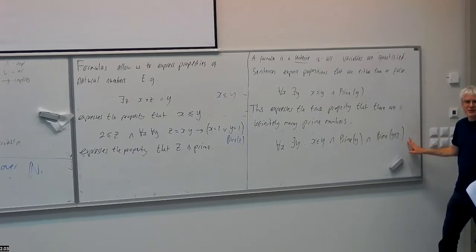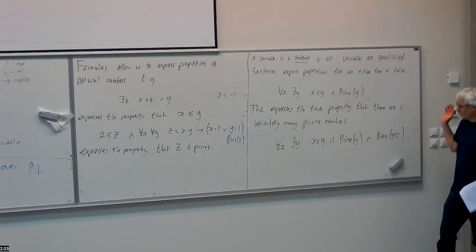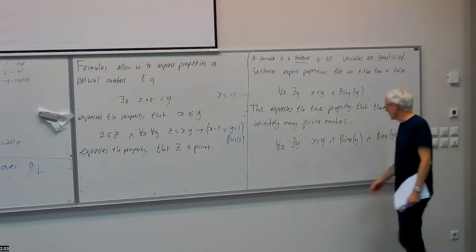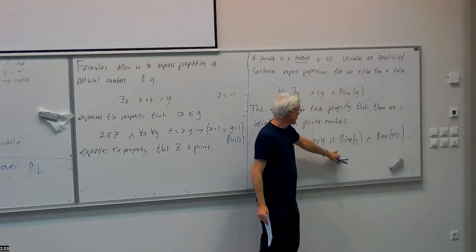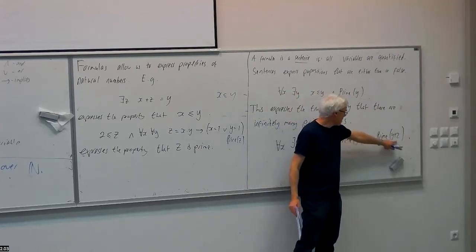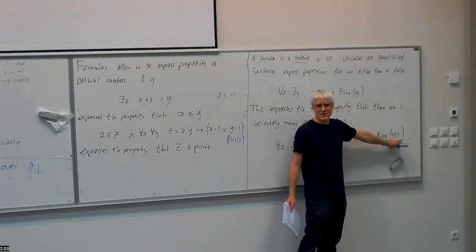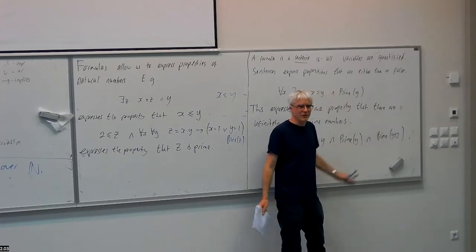Massive progress towards this was made in the previous decade. In 2013, I think it was, Zhang proved that there exists some fixed number that you can replace 2 with here, such that this formula holds.